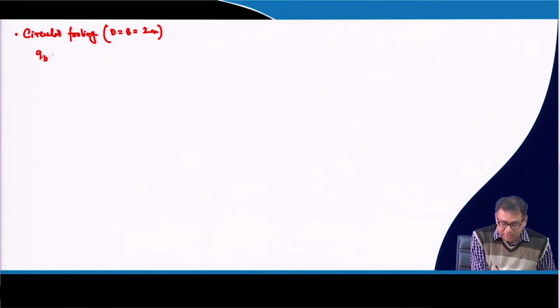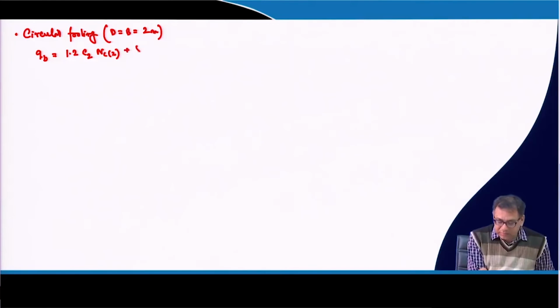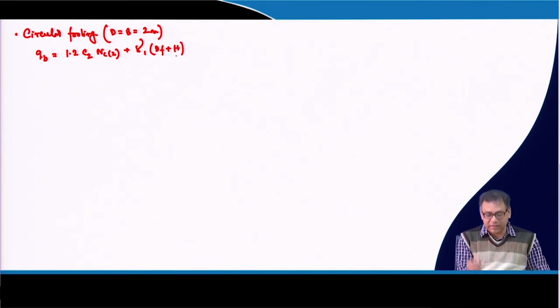So, I can calculate the QB, which is given as 1.2 C2 NC2 plus gamma 1 (dF plus H), because this is the general type of equation.